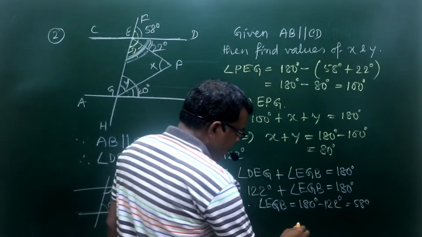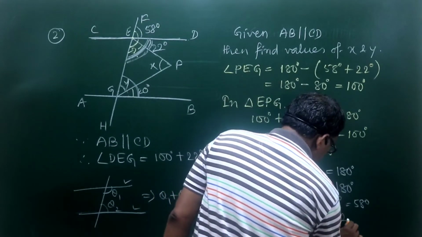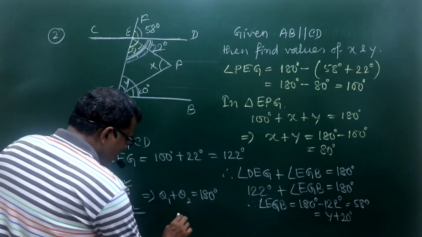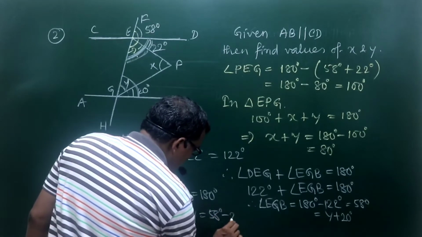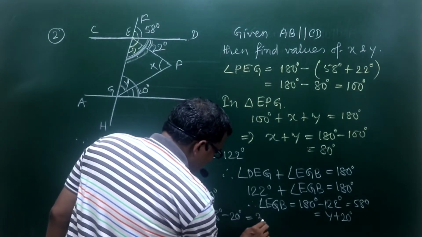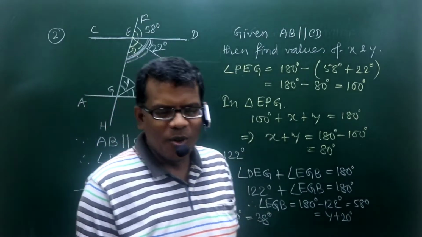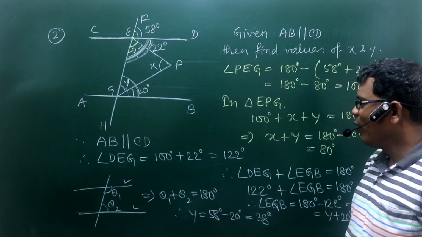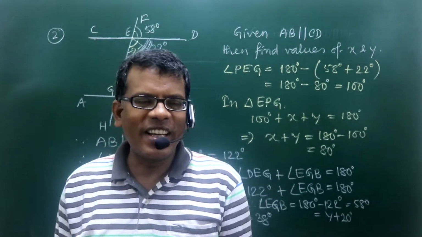So this 58 can further be written as y plus 20. So if y plus 20 is equal to 58 degrees, so that means can we say y is equal to 58 degrees minus 20, that is 38 degrees. So of the two unknown values, I have got one value, that is the value of angle y, which is coming 38 degrees, right?